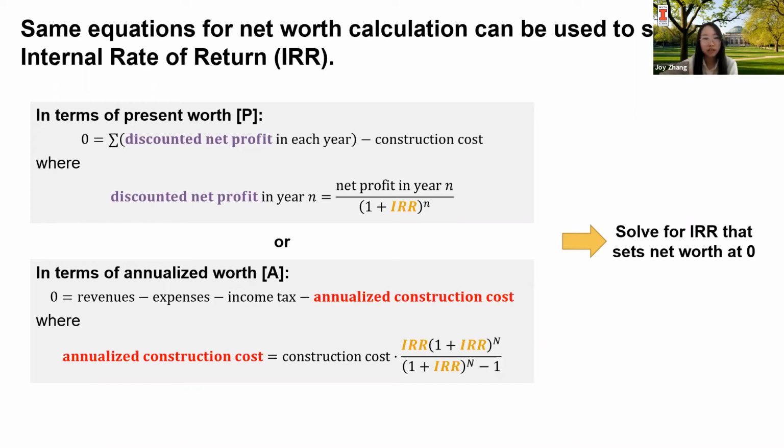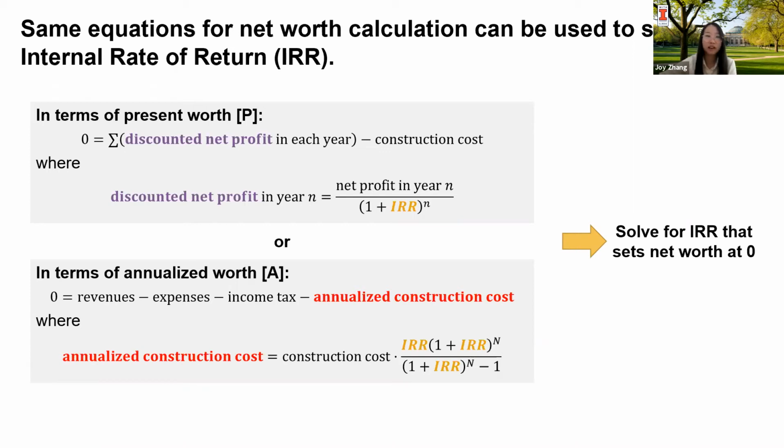And if we want to calculate that in terms of annualized cost, this IRR value or the discount rate will come into play in the term annualized construction cost. And the factor we see on the right-hand side of the equation is just the inverse of the factor we saw before that converts present values to annualized values.